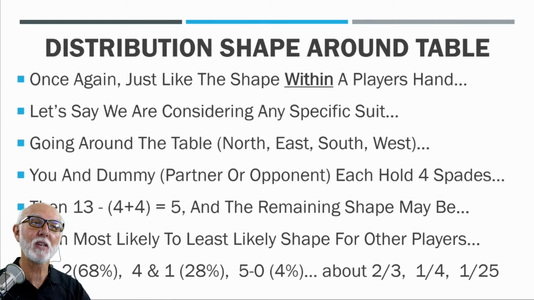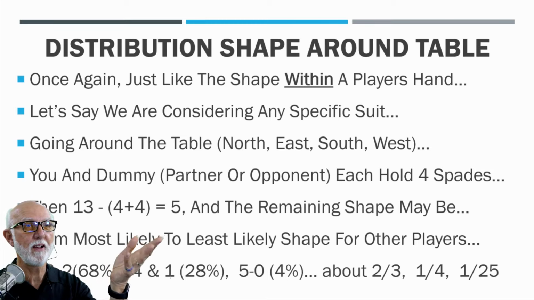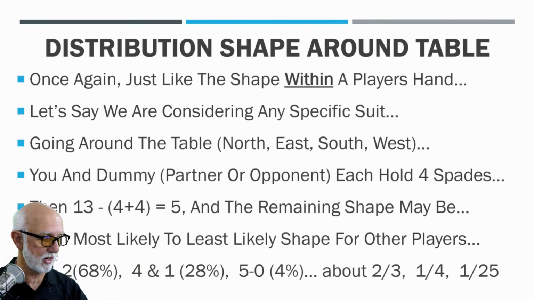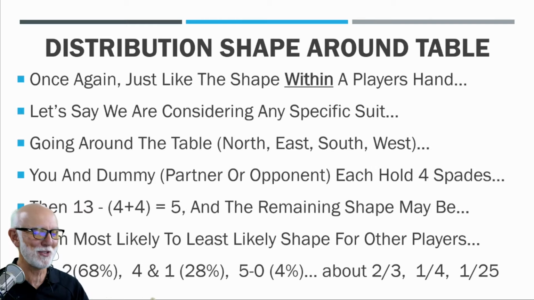Not that it matters, but take a look at the numbers. 4 and 1. Let's flip them over. 1 divided by 4 is 25%. It's almost the same, isn't it? So if it helps to remember when you've got a 4-1, what percentage of the time is this? About 1/4. 5 and 0, well, whatever's left over. So if you add up the other two, you've got 4% left.